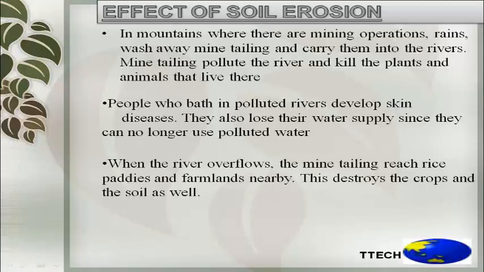They also lose their water supply since they can no longer use polluted water. When the river overflows, the mine tailings reach rice paddies and farmlands nearby. This destroys the crops and the soil as well.